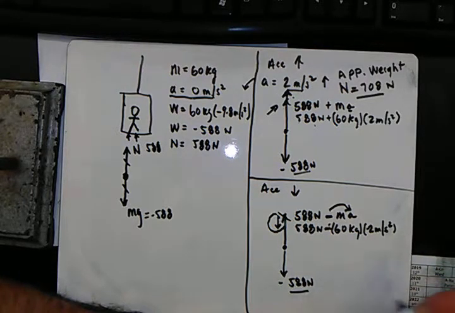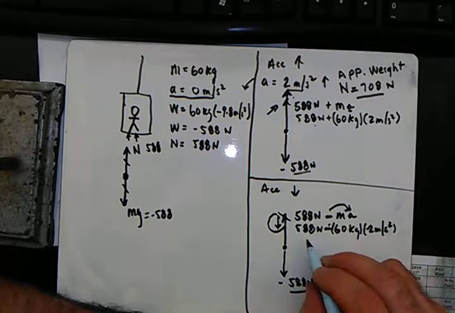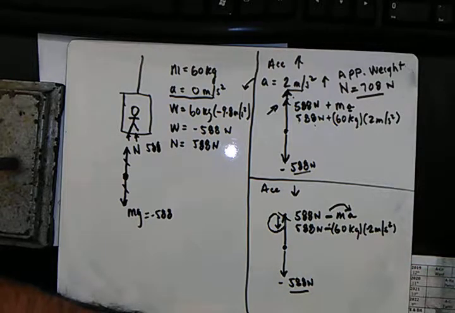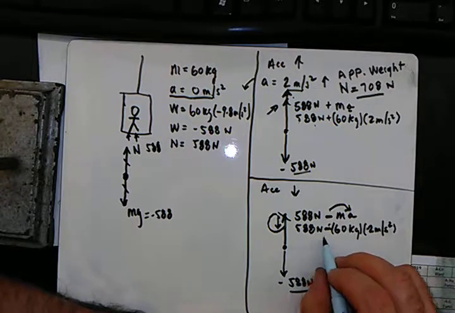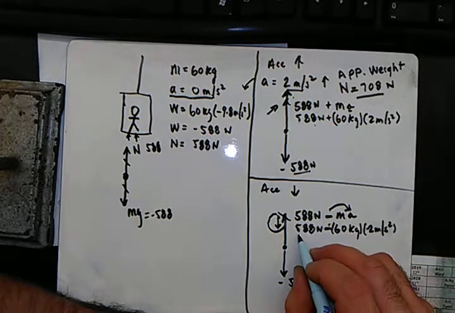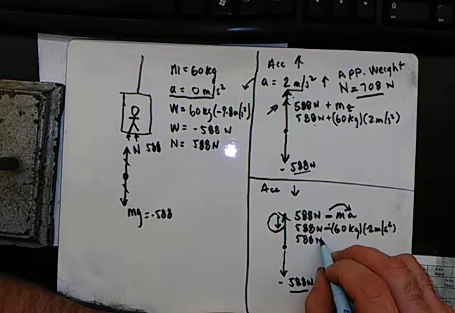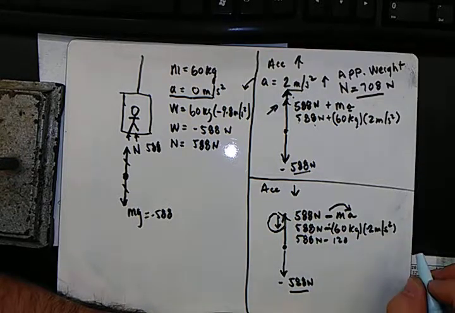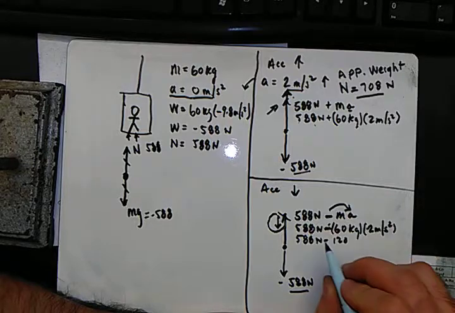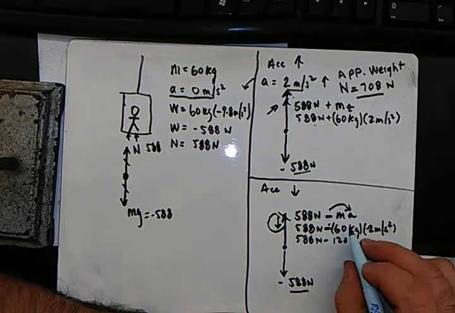We know the weight's 588 still, but the apparent weight in this case is going to be 588 newtons minus the 120, because we got this 120 on this side.